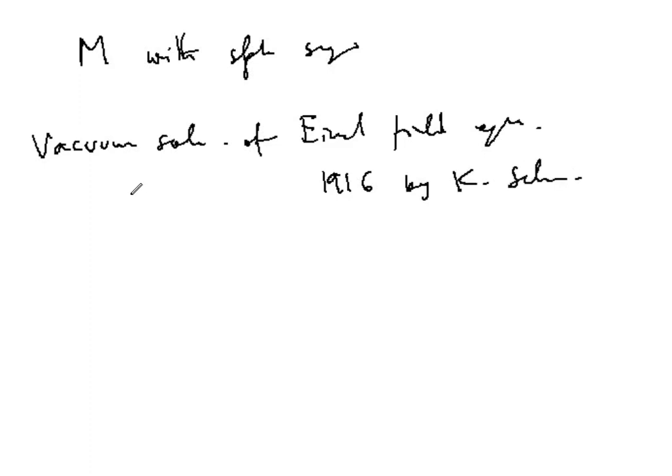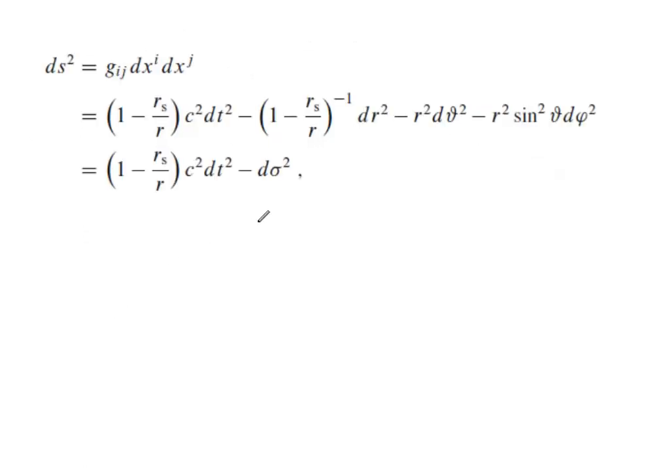This gives a line element ds, which is basically the distance between neighboring events in four-dimensional space-time, like this. Let me write it down completely. So this is equation 1.